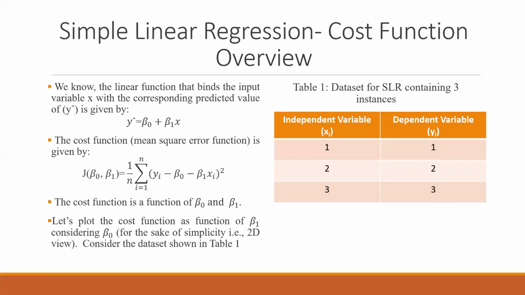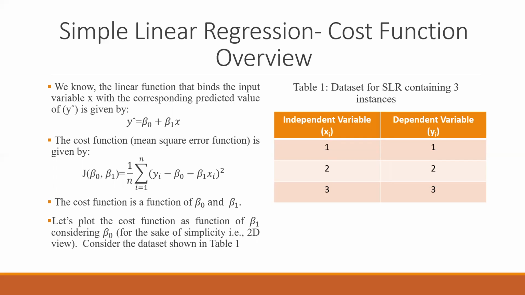This is a summary of simple linear regression, in which we had one independent variable and one dependent variable, x and y. Using the equation y hat equal to beta naught plus beta 1x, we calculated the cost function in the previous lecture, J of beta naught, beta 1.